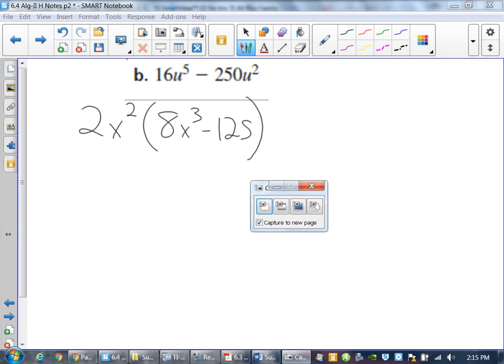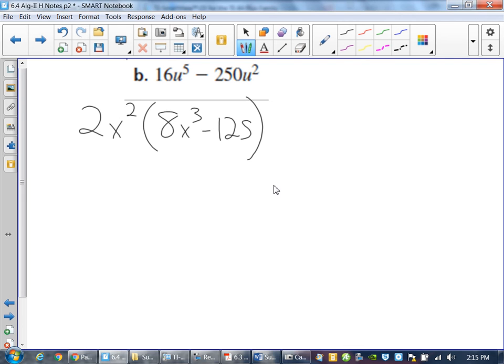Now, here's what happens then. That means that your value of A, if you want to think of it this way, is 2x. The value of A in this case is just 2x. Most of you guys will forget that the 2 is there. Okay.